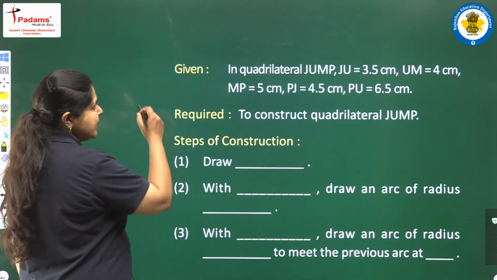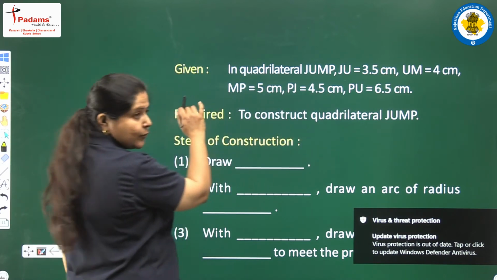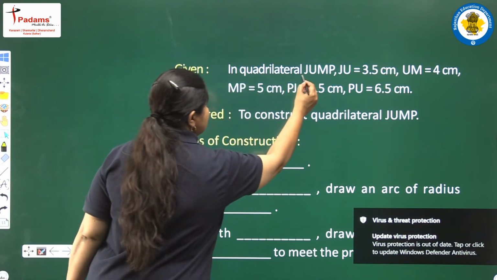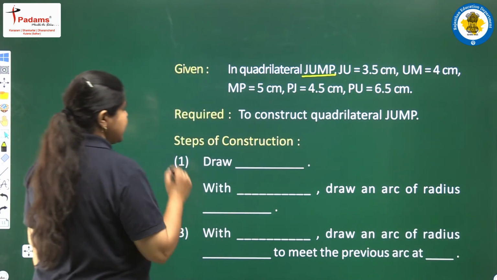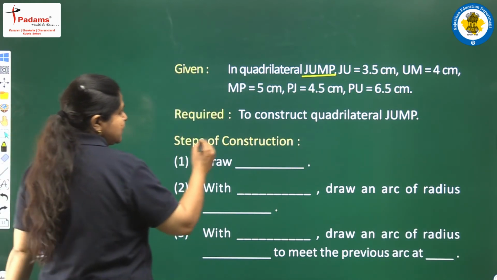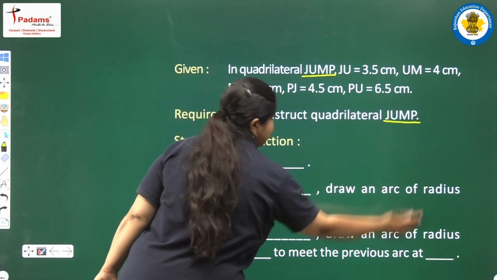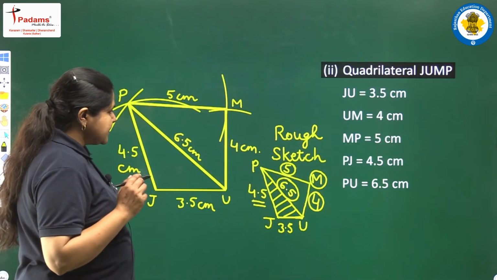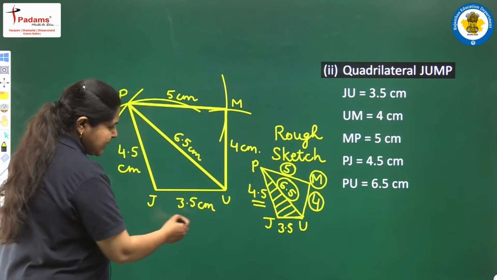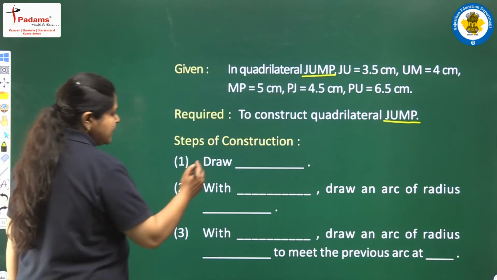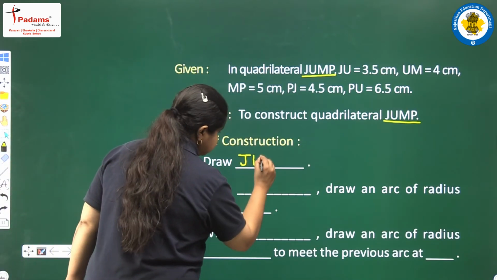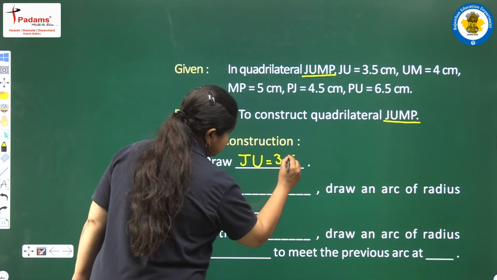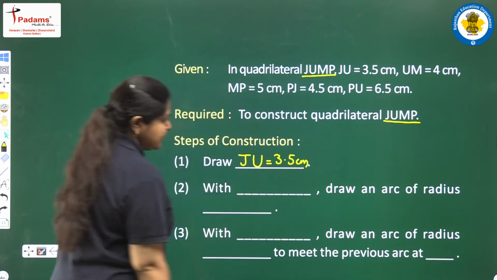First of all, we will write whatever we have been given in the question. In quadrilateral JUMP, write all the measurements. Then it is required to construct quadrilateral JUMP. Then we will start with first JU measuring 3.5 centimeters. So draw JU equal to 3.5 centimeters.